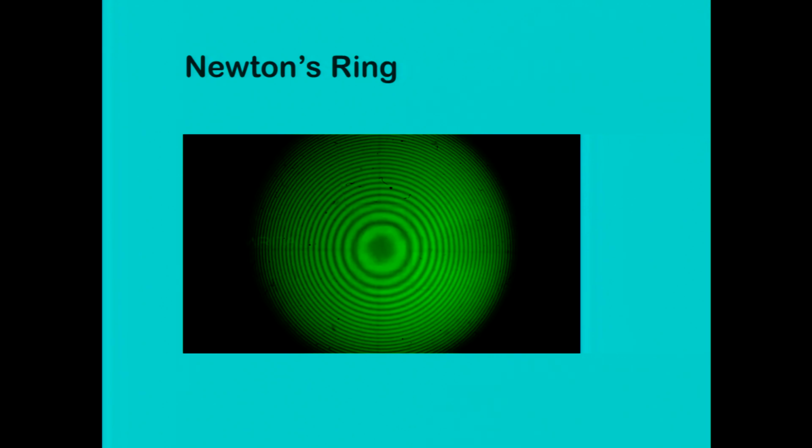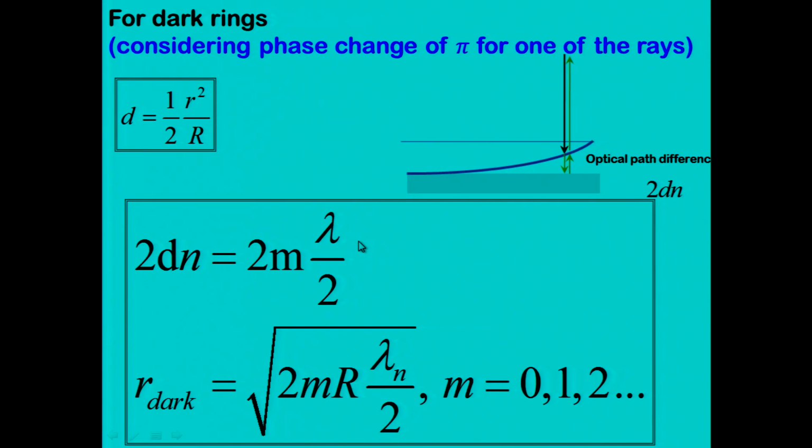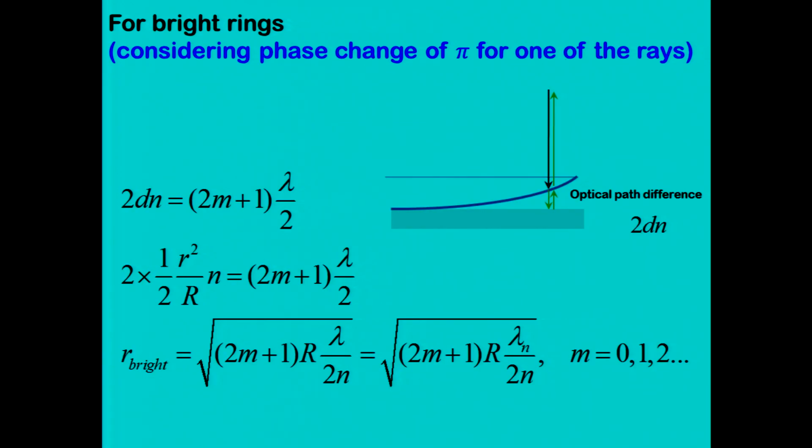Another very interesting thing we observe here, and I just want to make a small comment, is that the area between two rings is conserved. If I look at pi r squared, which is the area, the difference between two fringes is a constant quantity, so the area remains constant between two Newton's rings.